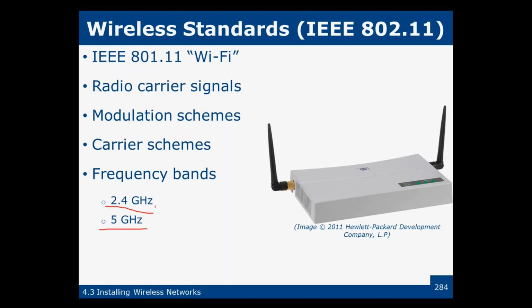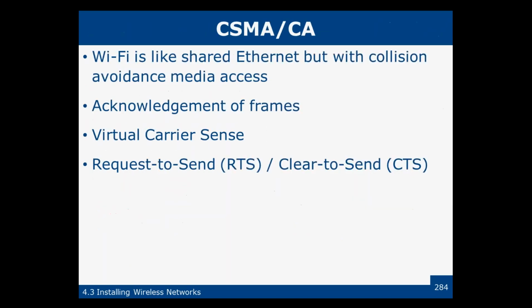The 2.4 gig, which probably was the not as attractive one, won because for 5 gig they couldn't find the materials to make the chips to actually sell the 5 gig for a long time. 5 gig has always been a higher speed. It started out at 54 megabits per second. And in the 2.4, when we got to G, we finally got to 54 megabits per second. So the frequency bands, the 2.4 gig and the 5 gig.